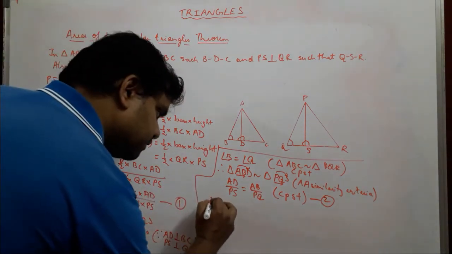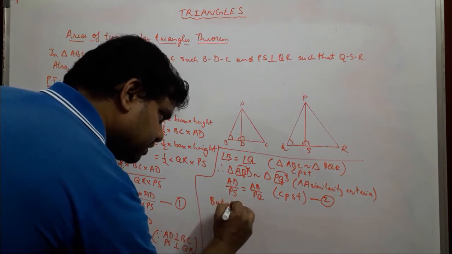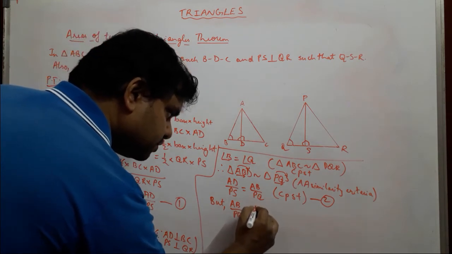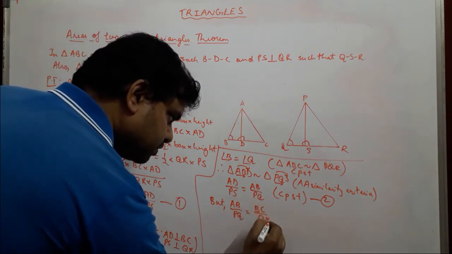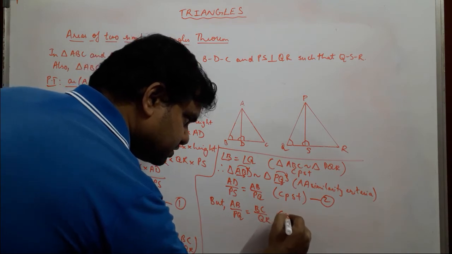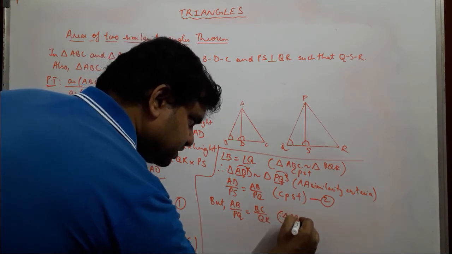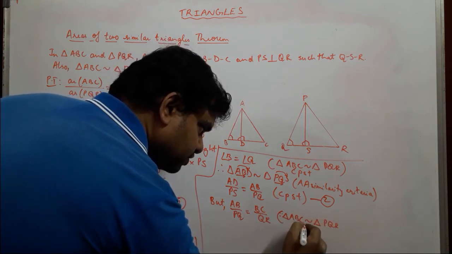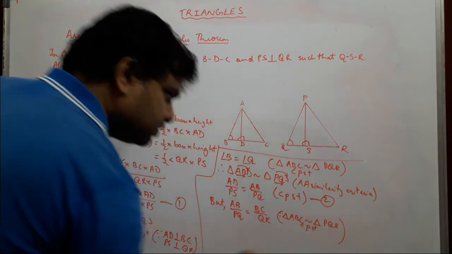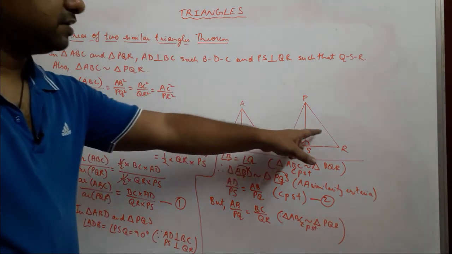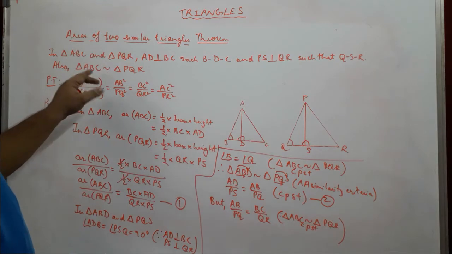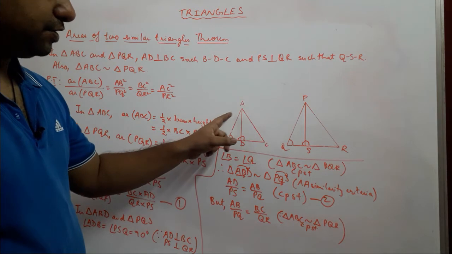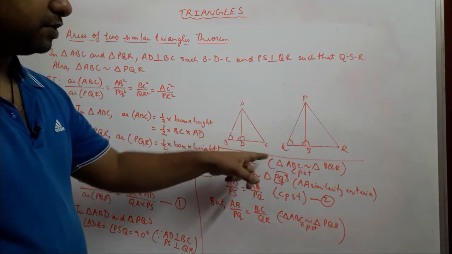But over here we can make a note that AB upon PQ is equal to BC upon QR, since triangle ABC is similar to triangle PQR, and this follows the CPST rule. Since these two triangles are similar, that is given to us over here, the ratio of the corresponding sides are equal to each other.